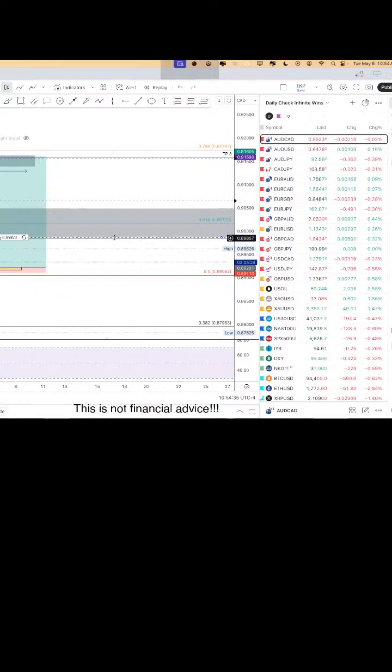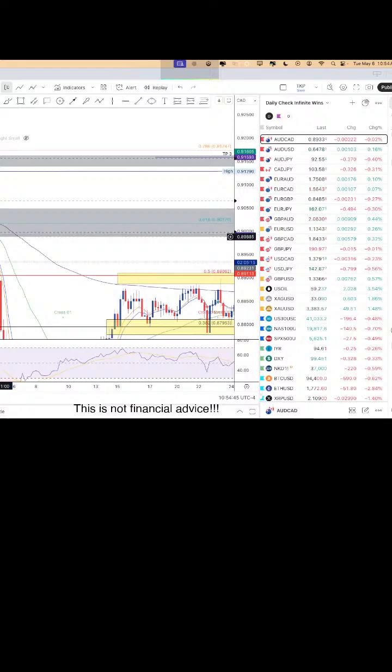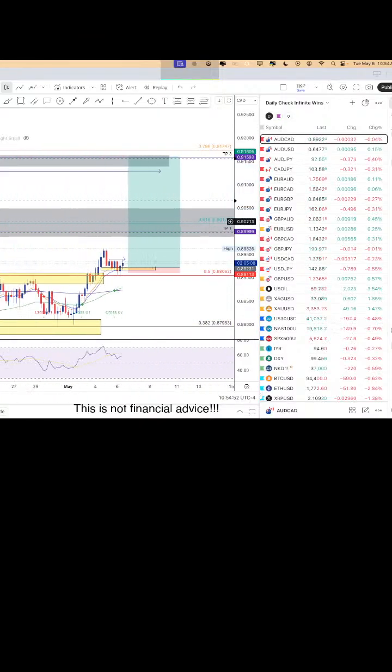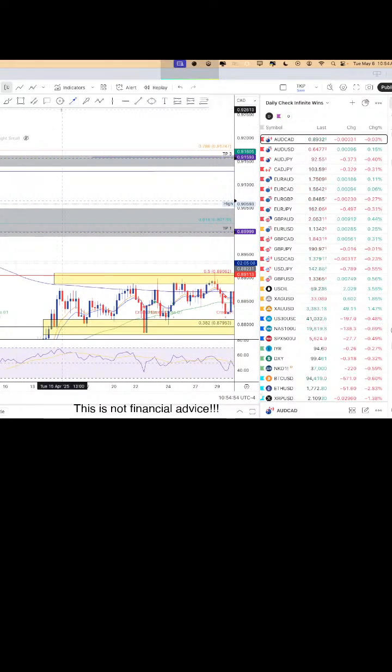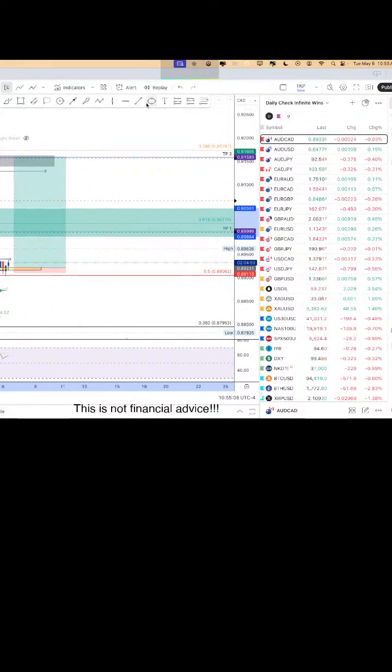TP3. Alright, so this is a swing trade. Key level on the 4 hour.